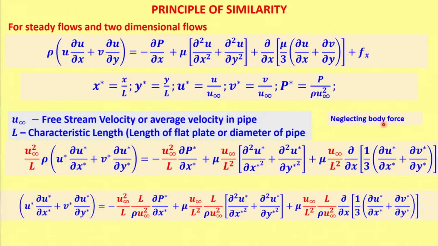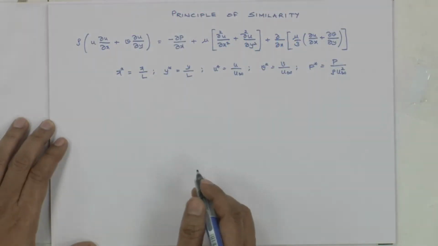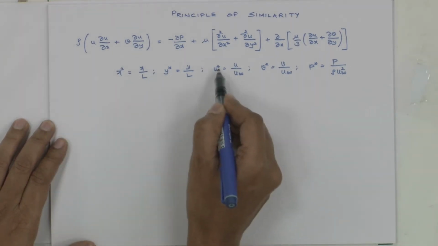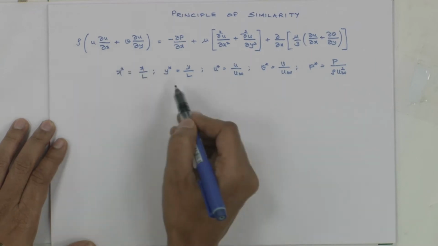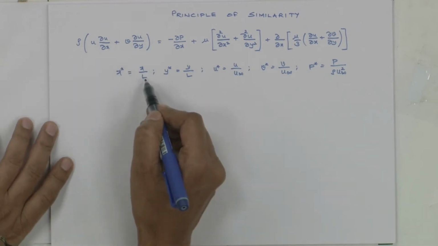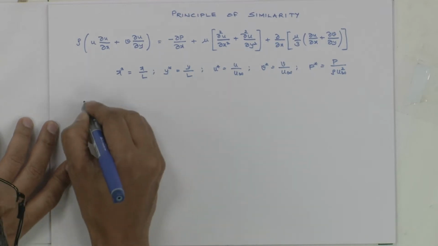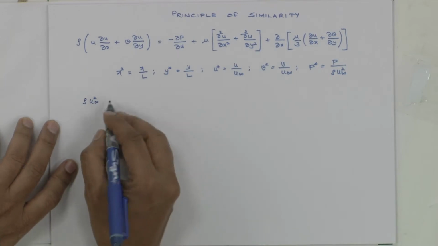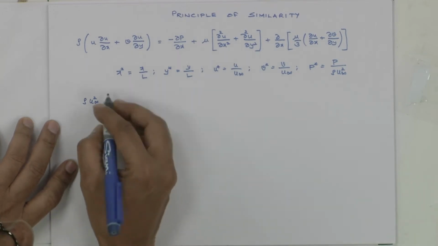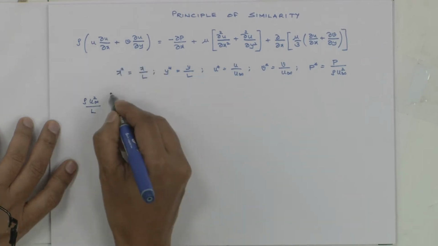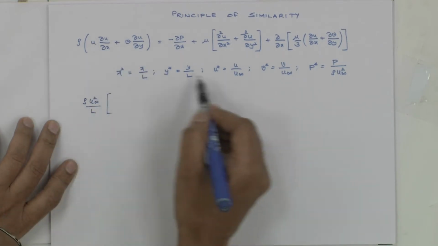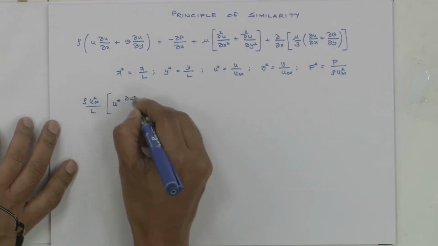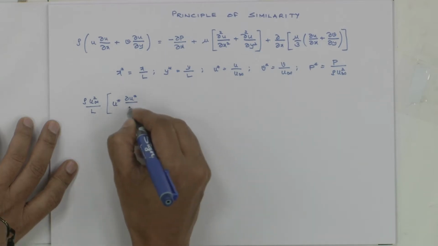So this is what we had written in yesterday's module. If I substitute for u, I need to substitute u star into u infinity, and for x, x star into L. If I do that, I get rho u infinity squared upon L, because you have two u's here. So you get u star del u star upon del x star.